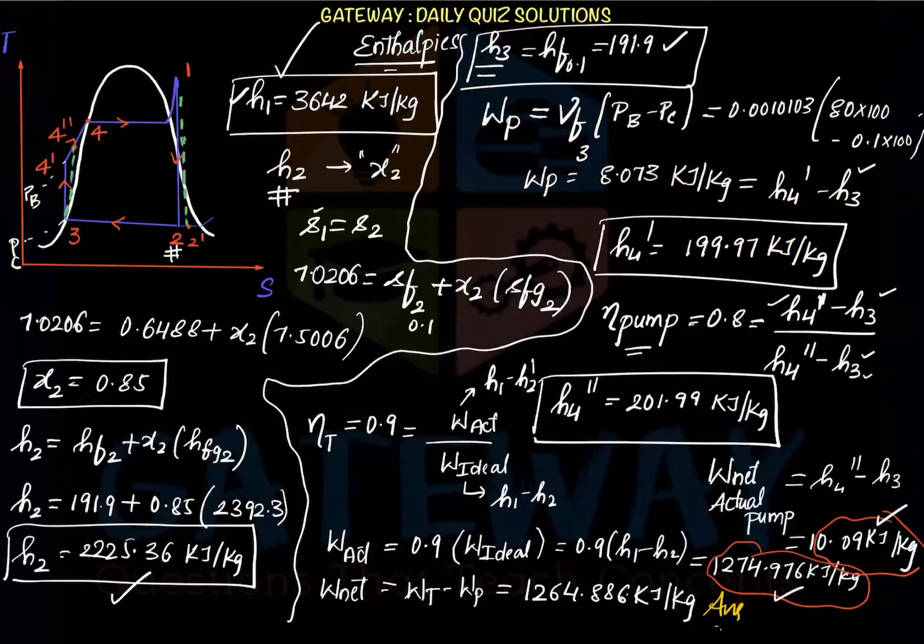So where is the heat added? Heat is added in this region between 4 and 1. We need to calculate H1 minus H4 double dash actually, because the pump ends at 4 dash and heat addition starts from here. This is all the heat addition process from 4 dash to 1.